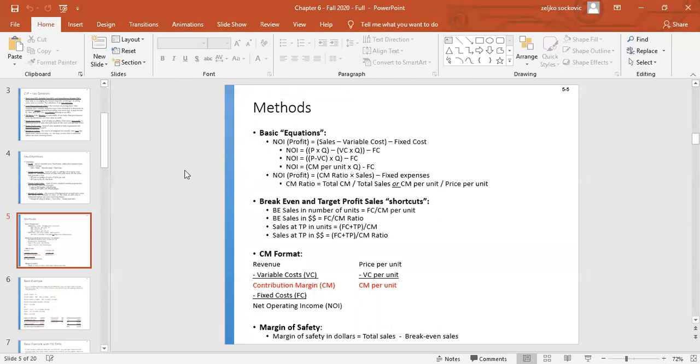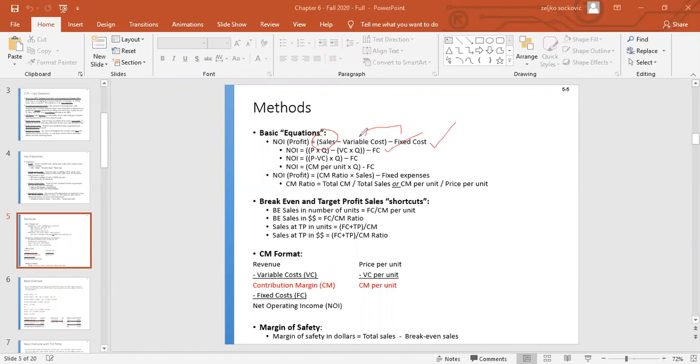Well, the basic equation here is this one. Profit is equal to sales minus total cost. Total cost is separated into variable and fixed, so we can manipulate it easier. And what is variable cost?